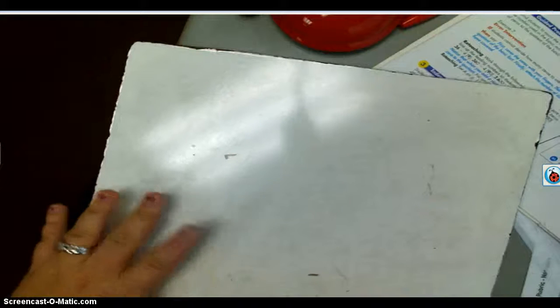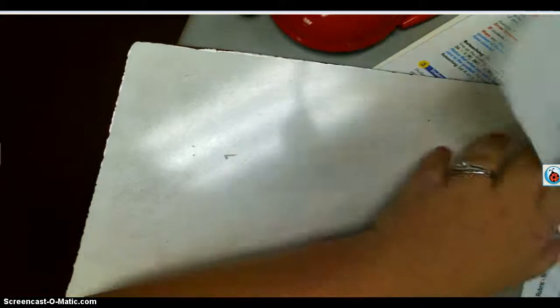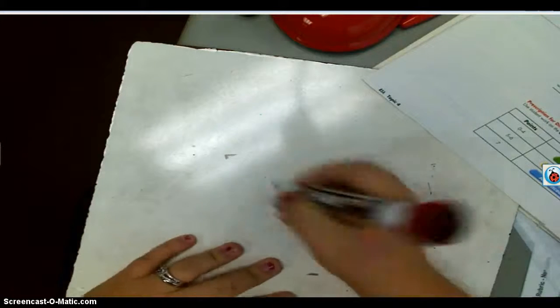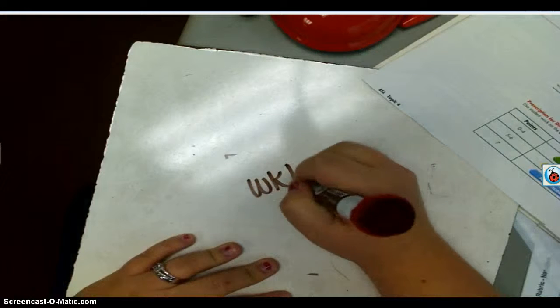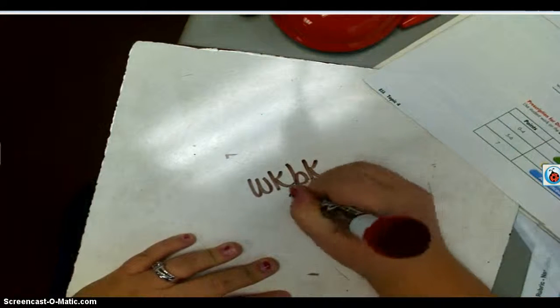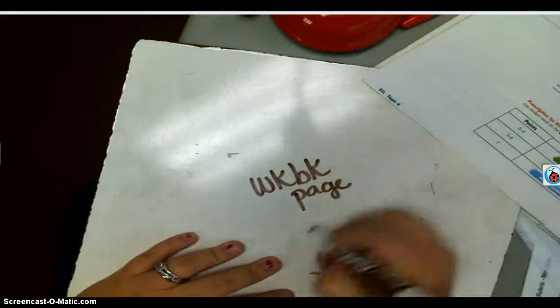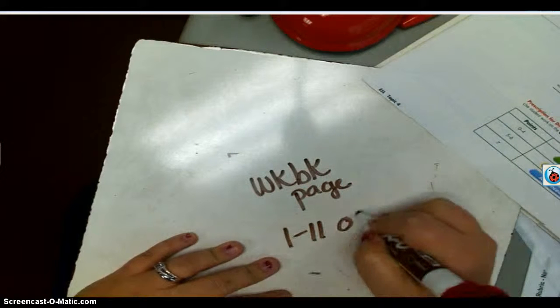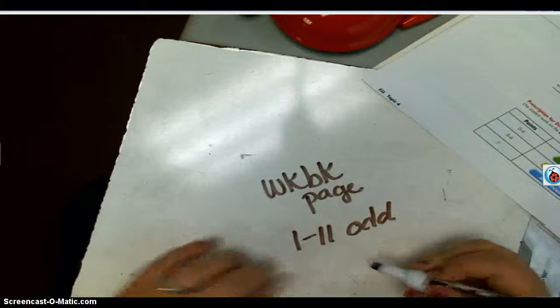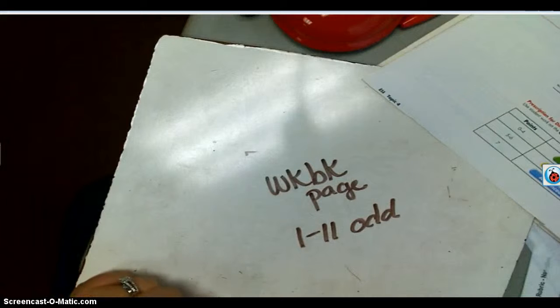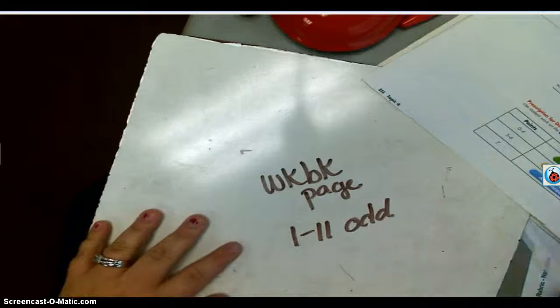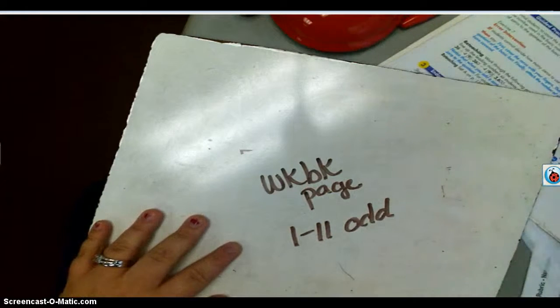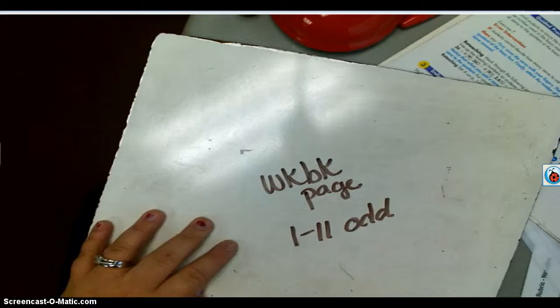Alright, what I want you to do is work through problems 1 through 11, and I want you to do the add-ons. Please refer back to the video if you have any questions. But it should be self-explanatory as you're working through that. It's just like we did in multiplication, except we're doing the inverse operation and we're dividing.